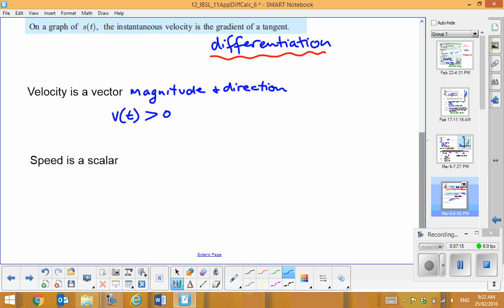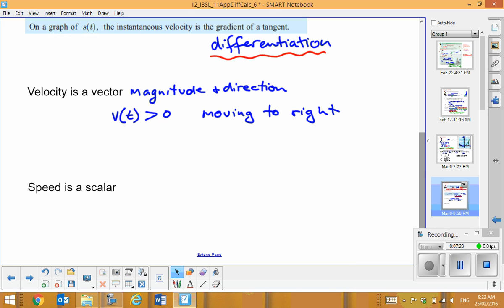It's moving to the right. So instantaneous velocity is just differentiation. The whole limit thing we don't do. If our velocity function equals 0, what's happening? It is stationary. It's at a stationary point.